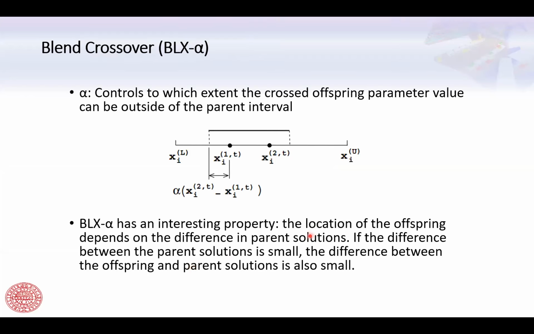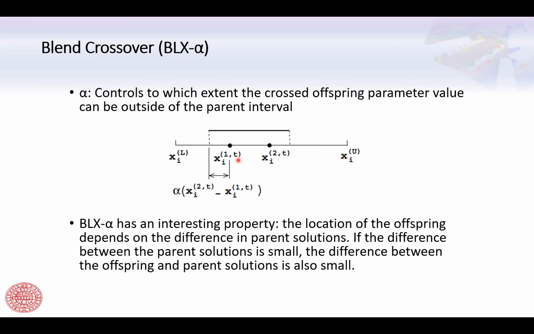Then a more advanced form, for continuous variables, is the blend crossover. It has an alpha as a parameter to control it. You have 2 parents, xi1 and xi2. The T simply means that they belong to the current generation.